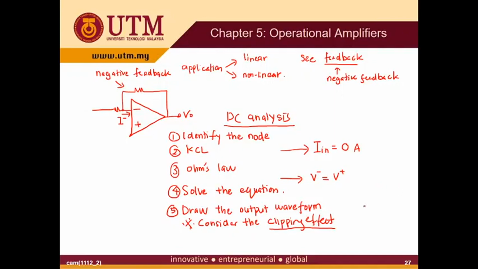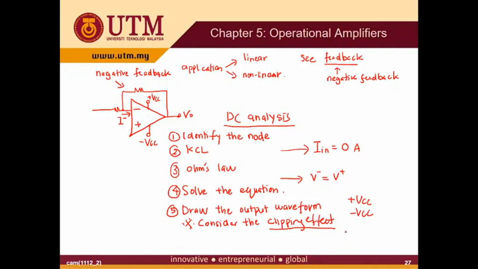The DC source of the op-amp is plus VCC and minus VCC. In the symbol, sometimes we put plus VCC here, and this is our minimum limit, negative VCC. If the calculated output value is within plus VCC and minus VCC, there is no clipping effect.